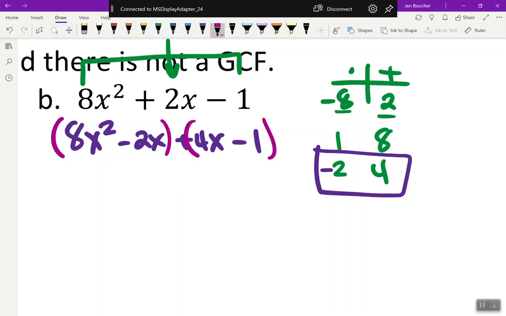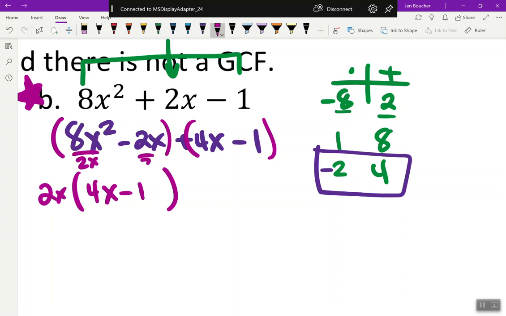Group. From the first group, what do they have in common? This is a really good question. A lot of people make a mistake with this grouping problem. They both have a 2x, right? So what are we left with? 4x. Is it just a 4x? A 4x minus 1. Because if you divide each of those out by a 2x, you would get a 1 here. What do they have in common here?